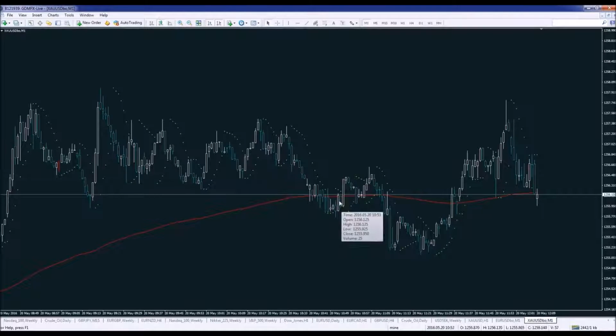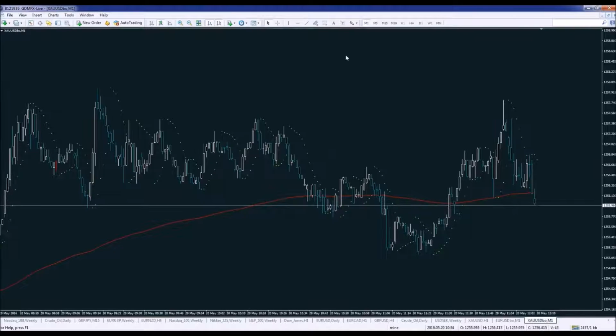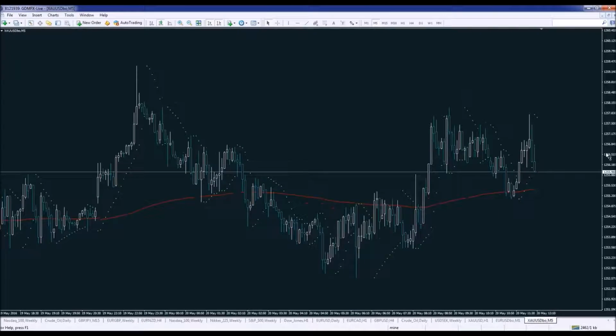You can see how it changed. There are more dots on both sides of the current price, which gives it a little bit more sensitivity, as when we're talking about the 1 minute chart time frame, or if you wish to switch to a 5-minute chart time frame.